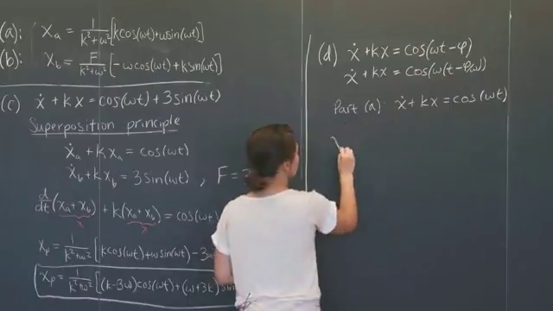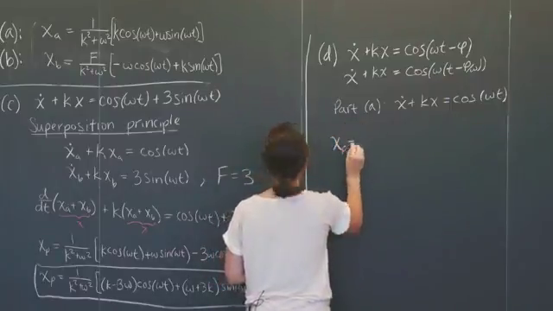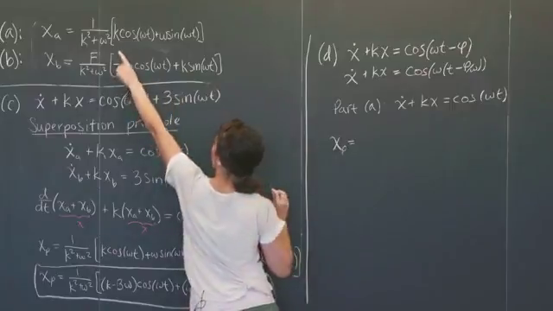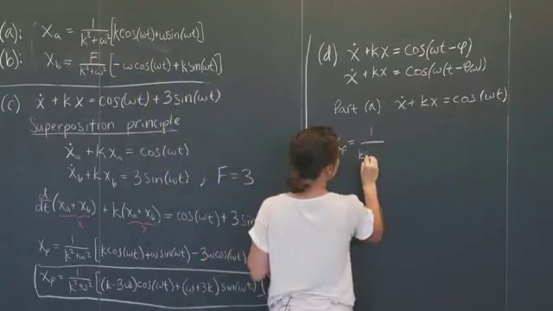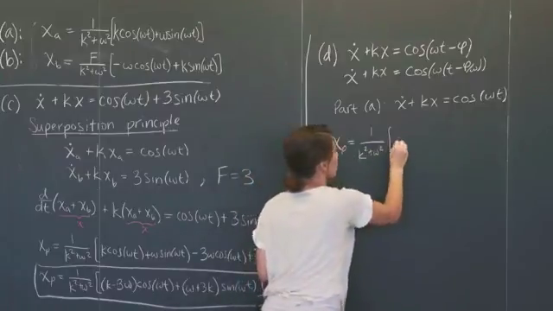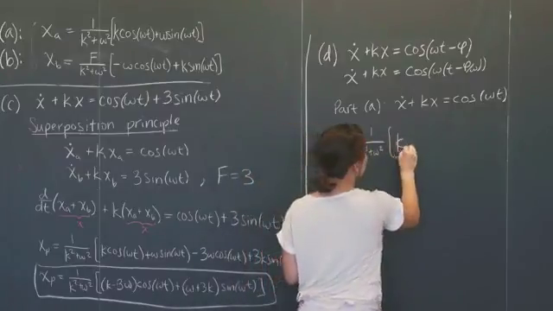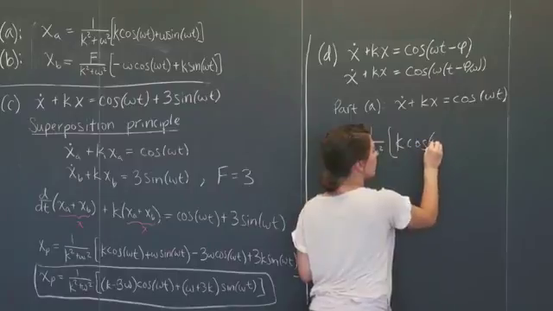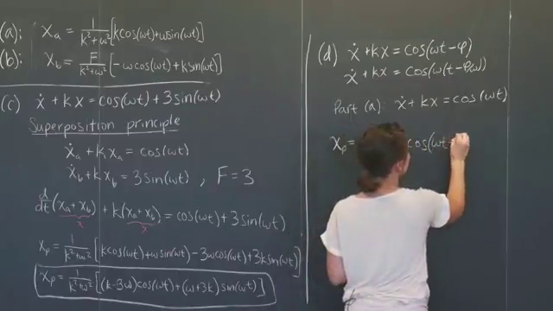So let's write that here. So x sub p for part D is going to be equal to 1 over k squared plus omega squared times k cosine of omega t minus phi.